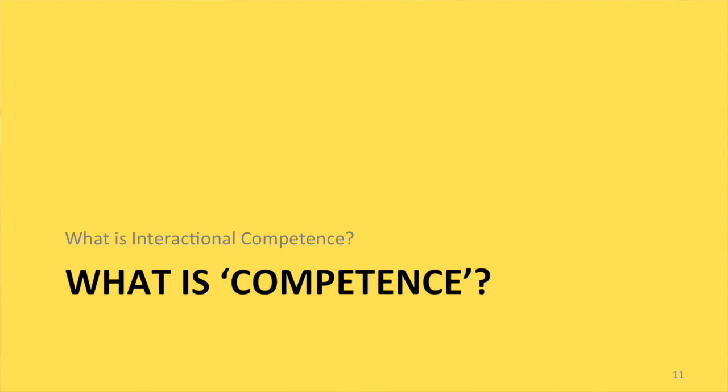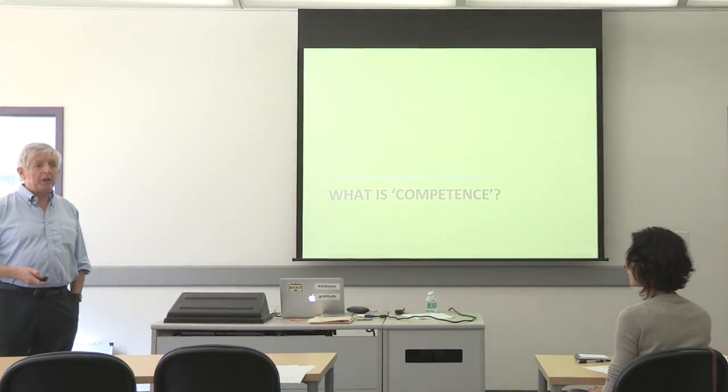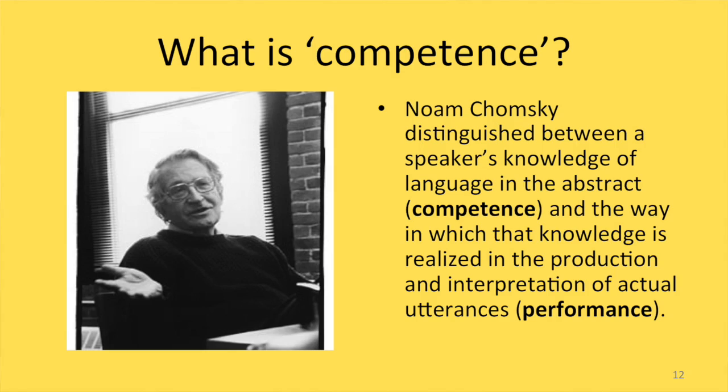Now, just talking a little bit about what we understand by competence, the word competence has been used quite extensively by various different people. This is the man who basically got us started talking about competence, Noam Chomsky, and Chomsky said you have to distinguish between what people know in the abstract and what people actually do.